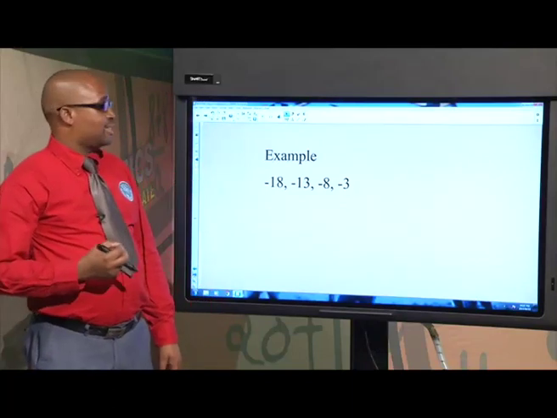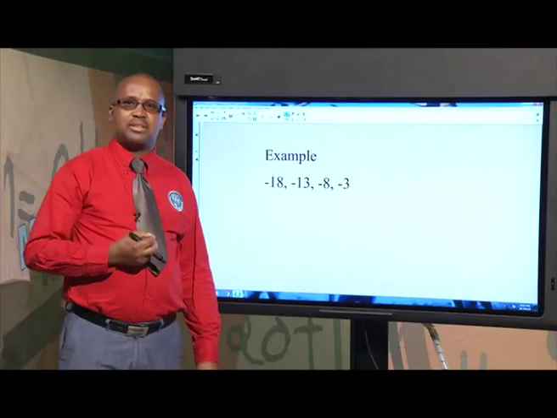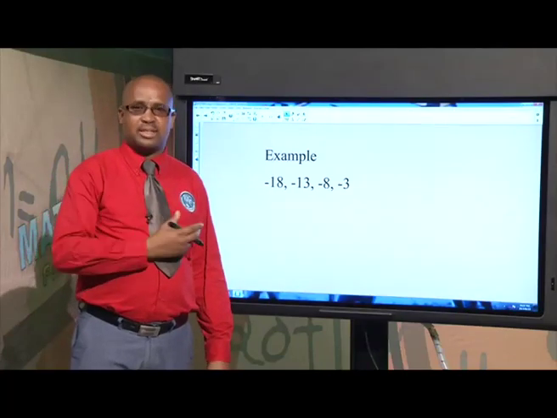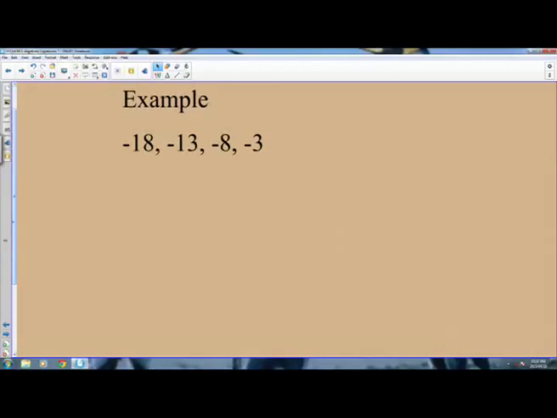We are still discussing a situation where we are to form the algebraic form of an algebraic sequence. Let us have a look at another example. The example is minus 18, minus 13, minus 8, minus 3. So we are to come out with the algebraic form of this sequence. We have to start by finding the first difference.